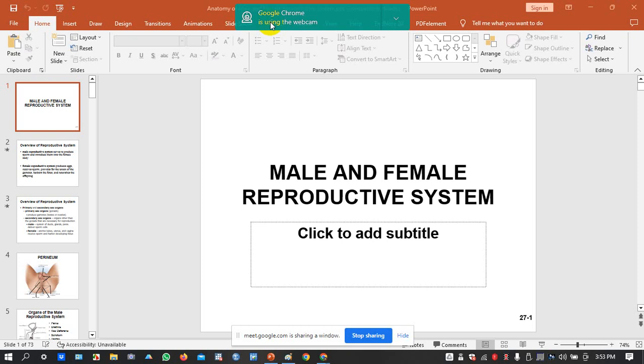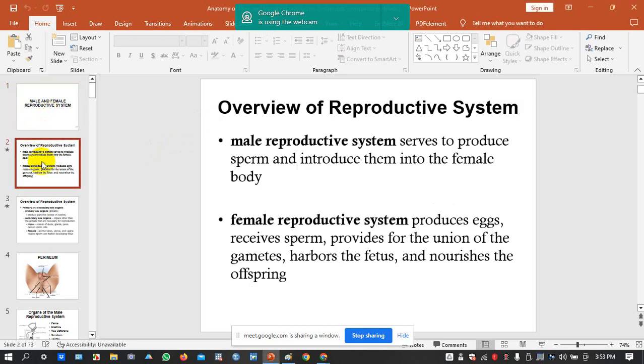So, anatomy of the male and female reproductive system. Okay, so this is the overview. The male reproductive system serves to produce sperm and introduce them into the female body, whereas the female reproductive system functions by producing eggs.